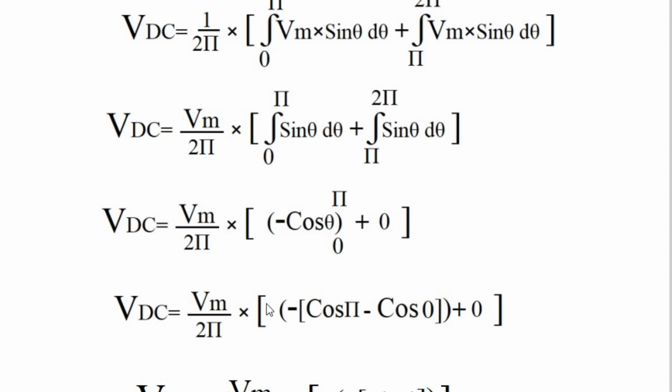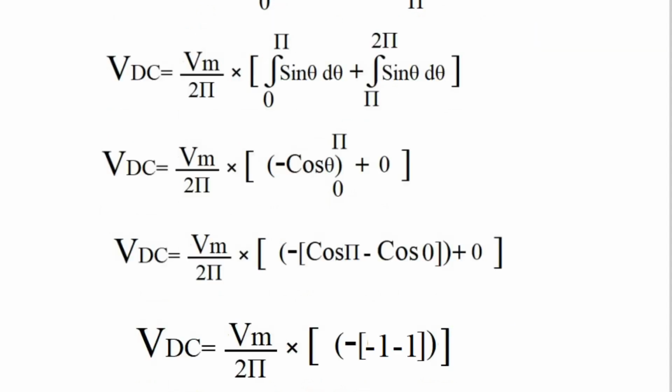Vm upon 2 pi into bracket, minus cos theta is equal to minus cos pi, upper limit is pi, then minus lower limit cos 0. Now if you take this minus sign over here, then cos pi is nothing but minus 1. This minus sign is here, and cos 0 is equal to 1.